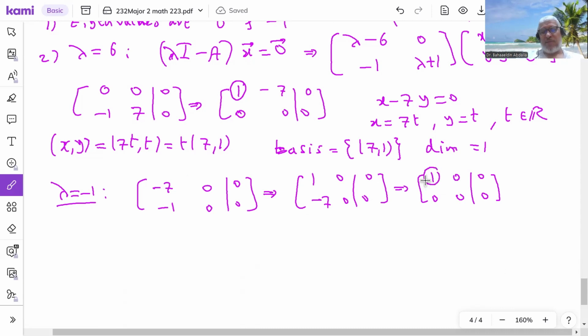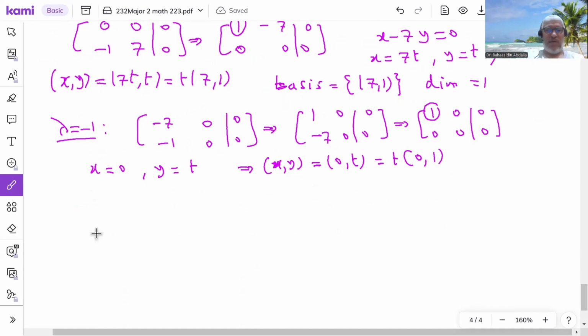X is basic, Y is free. I have X equals 0. This is the coefficient of X, coefficient of Y. So 1 times X, 0 times Y equals 0. So X equals 0. And Y is a free variable. So Y is T, and T belongs to R. So X, Y would be 0 and T, taking T outside.